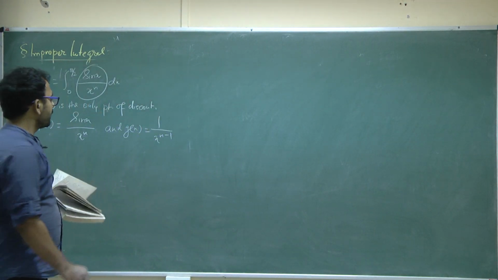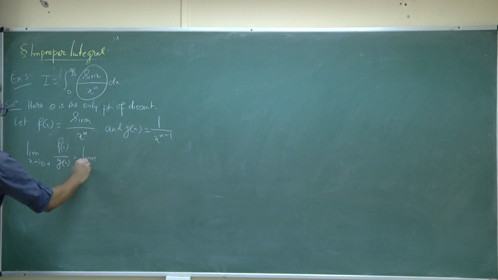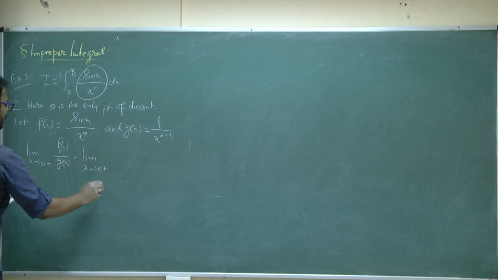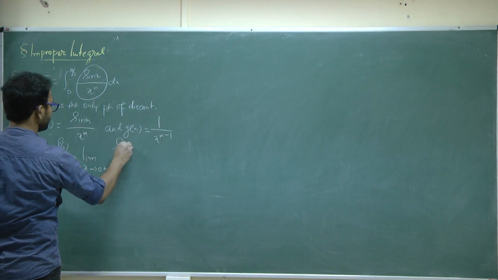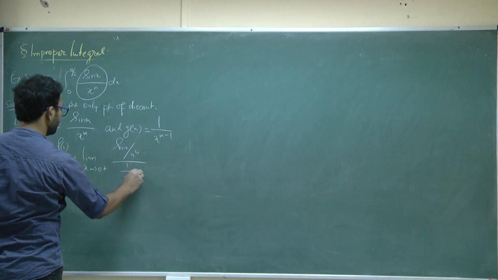All right. So, now we will evaluate the limit at x equals to 0, the point where we have the infinite discontinuity. So, limit of f(x) by g(x), where f(x) is sin x by x to the power n and g(x) is 1 by x to the power n minus 1.